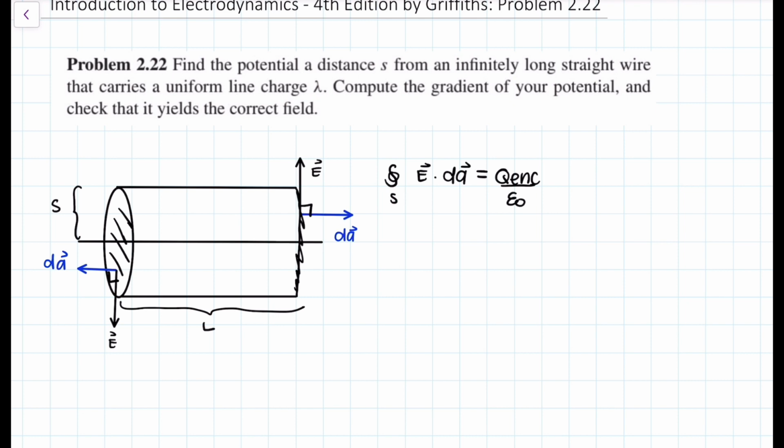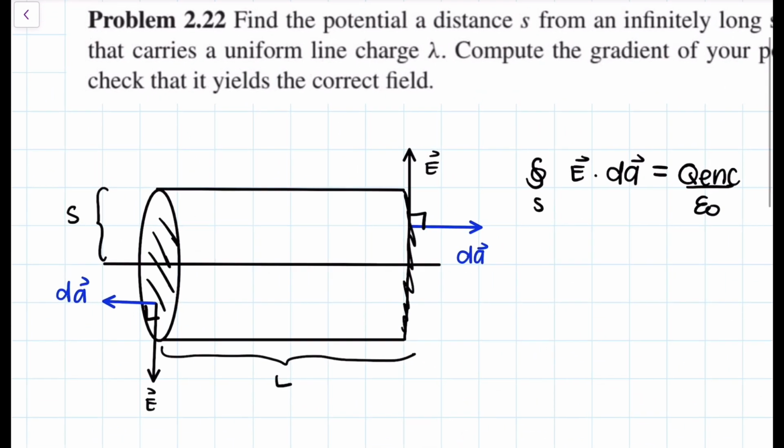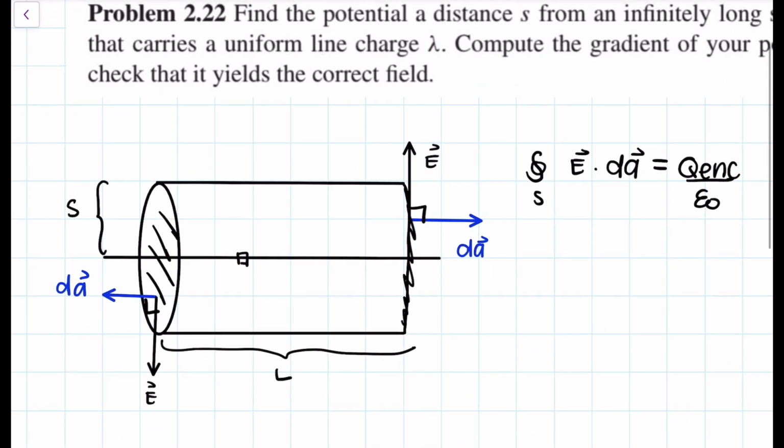So to find the electric field, let's first imagine two small infinitesimal elements of charge, which we can call dq1 and dq2, and let's imagine a point on this surface over here.